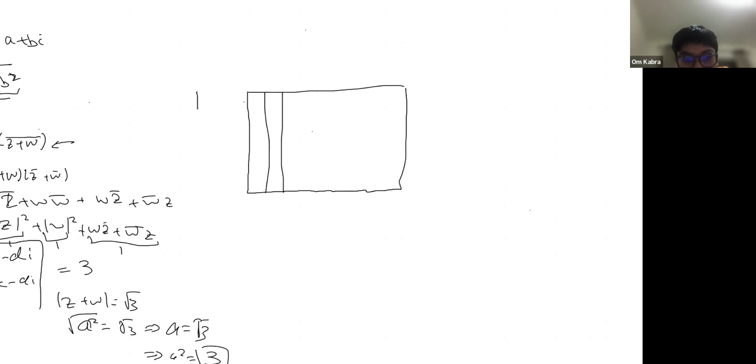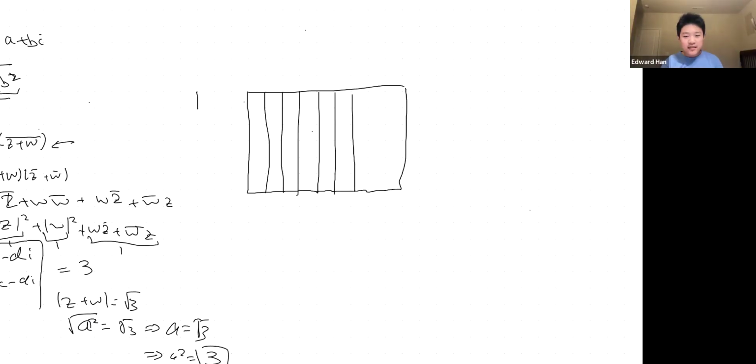Let me just draw it. Also, what was the correct answer for this question? The correct answer is 58. Okay. Yeah, I got 58. So if we just draw this.